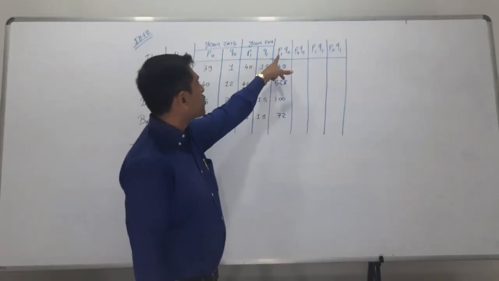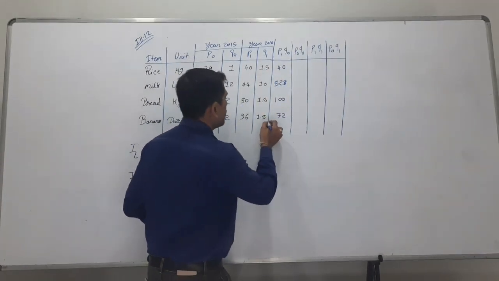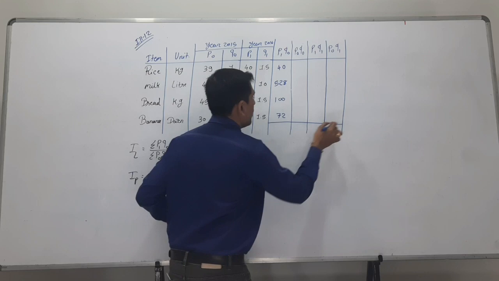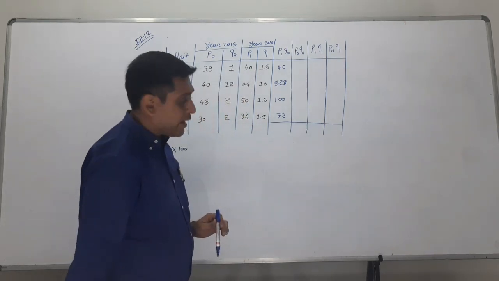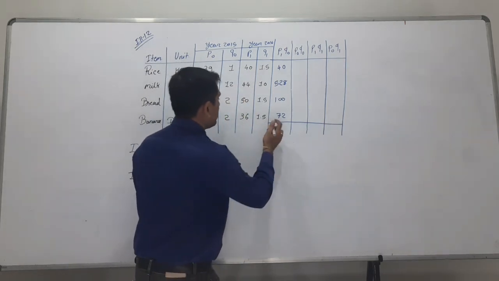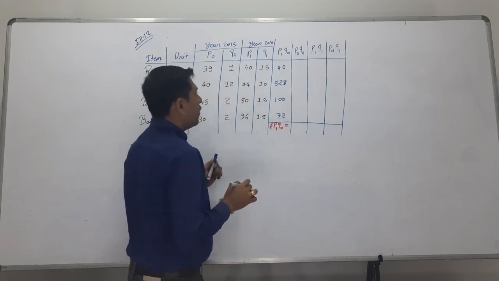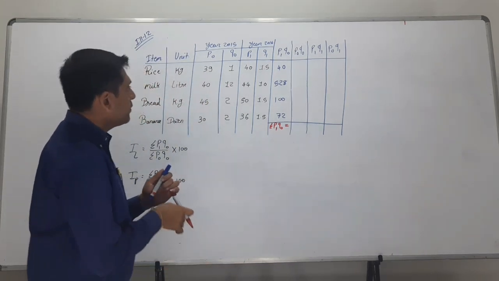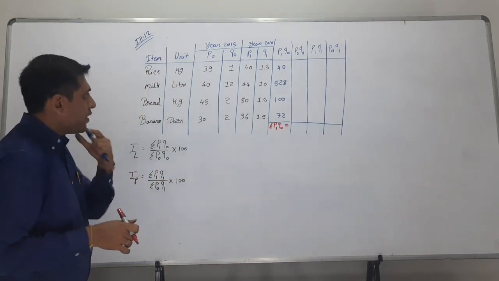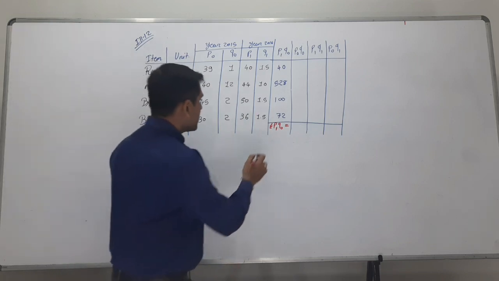This one is your first column, P1 Q0. So make the total here: sigma P1 Q0 is equal to 40 plus 528 plus 100 plus 72, that is 740.